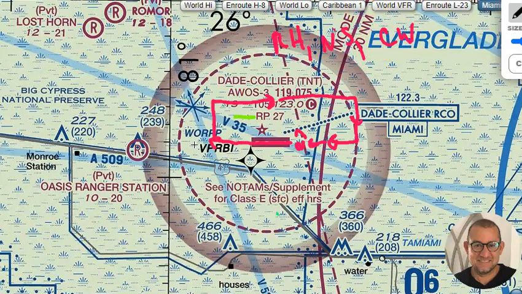Right? Simple. Now, we also have this small private airfield on the left. It says that it is restricted. It's got that little circle. It only says that it's the Oasis Ranger Station, that it's private, giving you the height of the runway and the length, more or less.